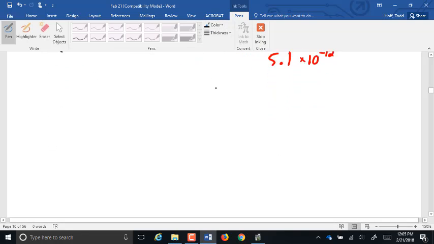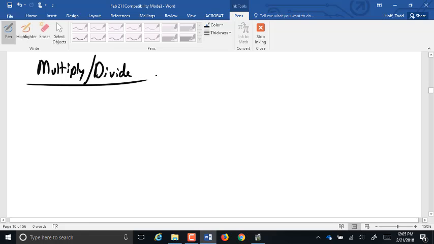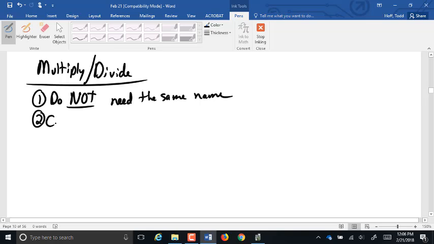So when we multiply, remember, when we multiply or divide, we do not need the same name. And obviously we combine counts, as always, but we also combine the names.